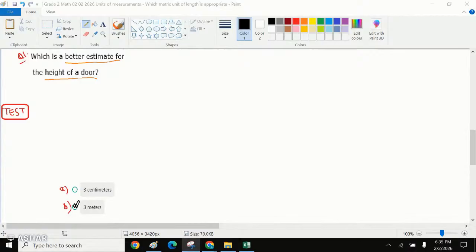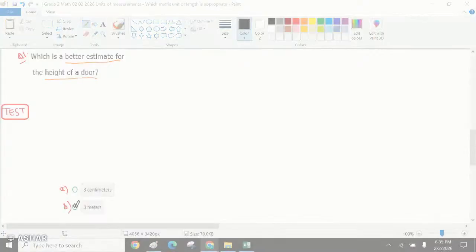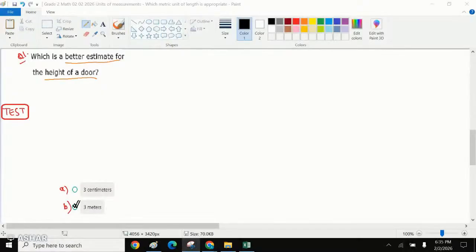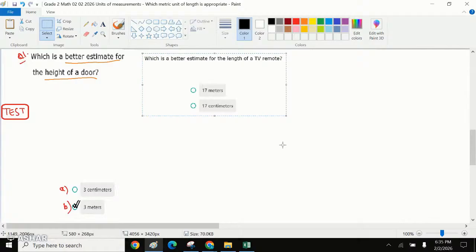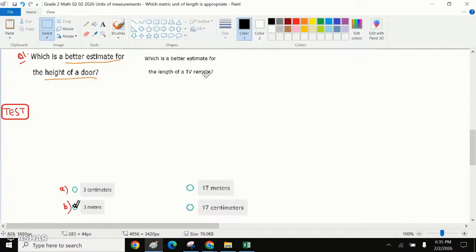Moving ahead to the next question, it says, which is a better estimate for the length of a TV remote? Most of the questions we would have done previously, but only the values would be changed. The units will stay the same. Is it 17 meters or 17 centimeters? For question number 2, option A or option B?